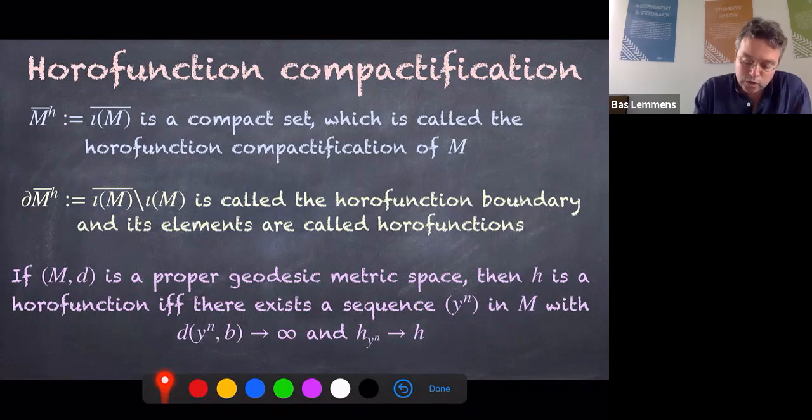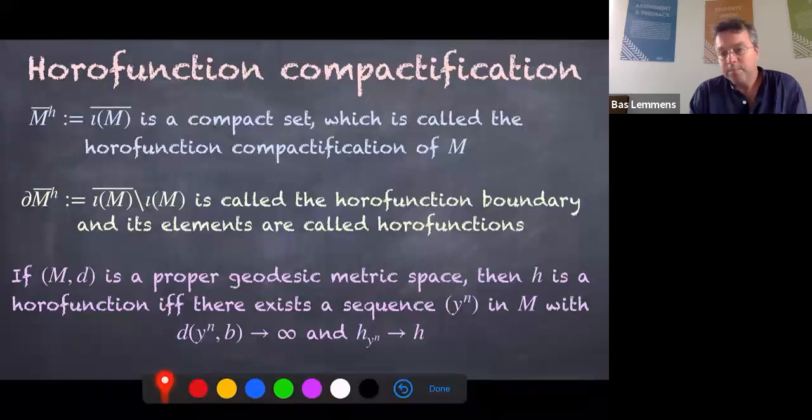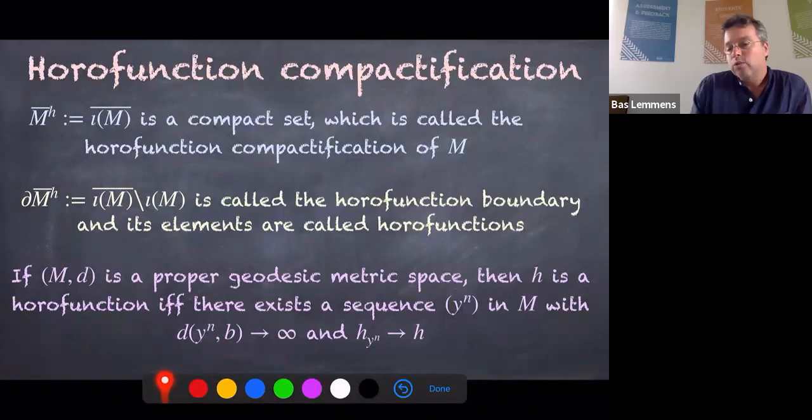To get a Horofunction, you can consider a sequence y_n, and this sequence is forced to run off to infinity. You cannot create any Horofunctions by letting y_n stay bounded.